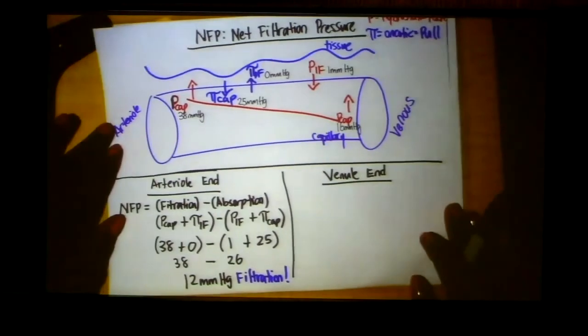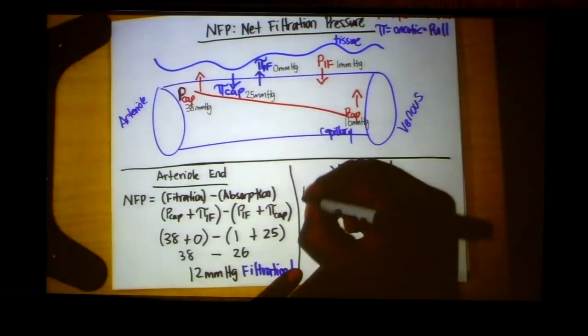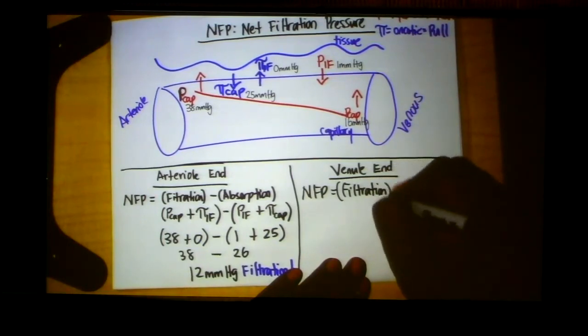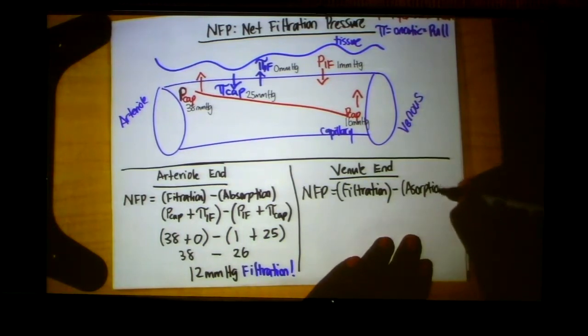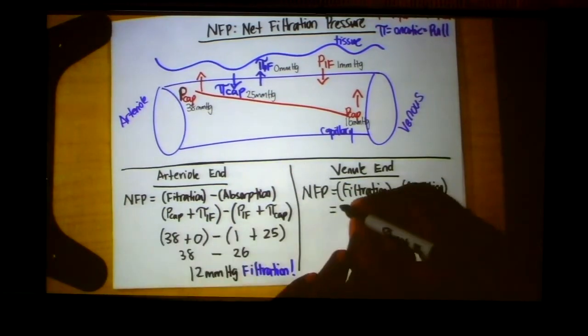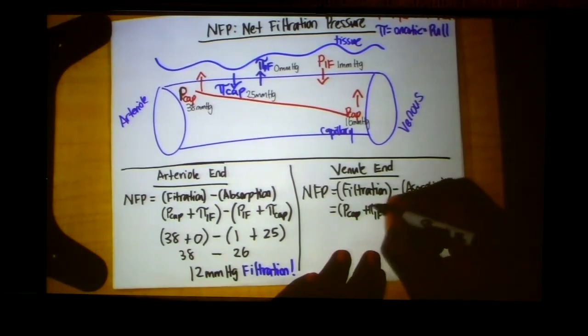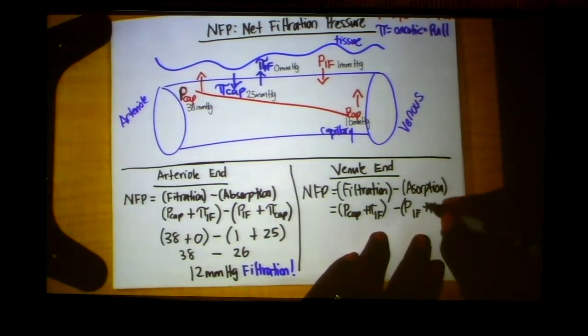We can do the very same thing over on the venule end. Once again, NFP is filtration minus absorption. I'll plug it in here: capillary hydrostatic plus interstitial fluid osmotic, minus interstitial fluid hydrostatic plus capillary oncotic.